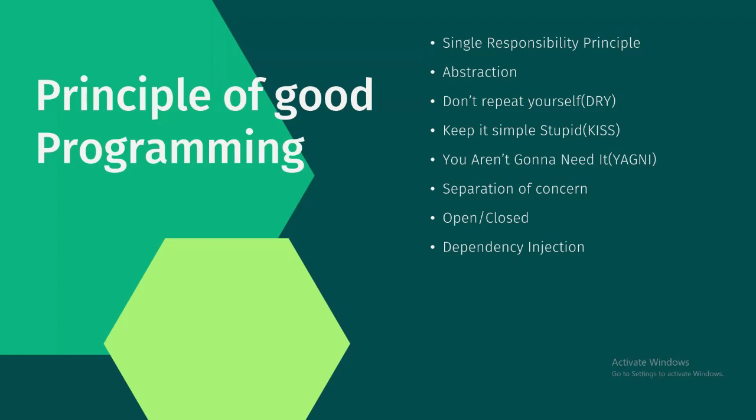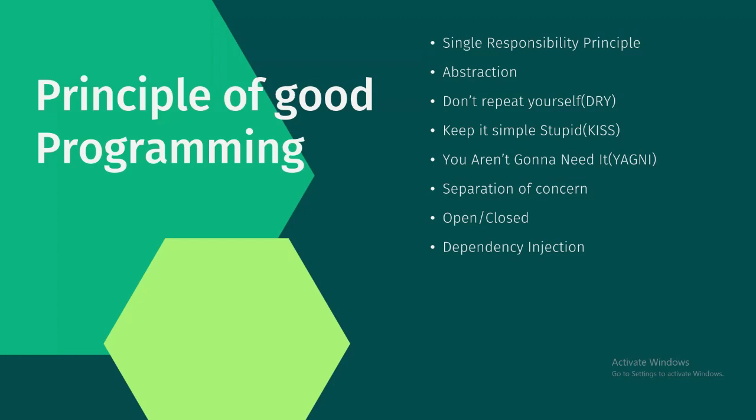In this video 1, we are going to be looking at principles of good programming, as we have them here on the list. But before we go into these different options, let's look at principles of good programming. When we talk about principles, we are simply talking about rules or guidelines that you're expected to follow, so that you are able to write good programs that can be maintained, programs that can be scaled up, and programs that are easy to comprehend.